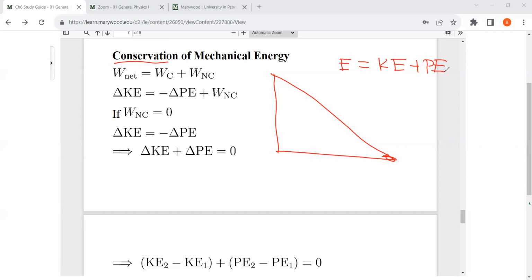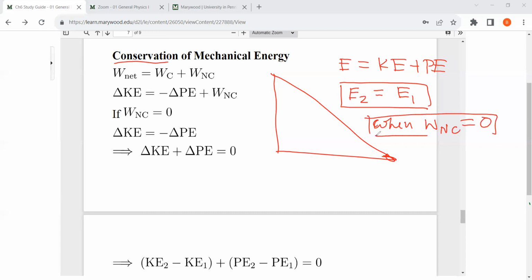So the conservation of mechanical energy tells us that the mechanical energy is constant always. Now this is valid only when there is no work done by non-conservative force. So if we neglect somehow the work done by the non-conservative force, then the mechanical energy is constant.